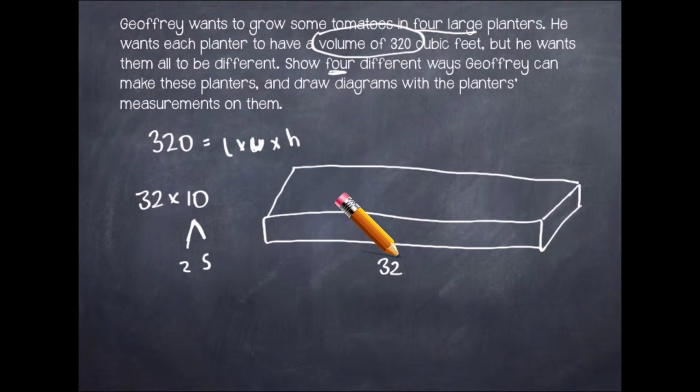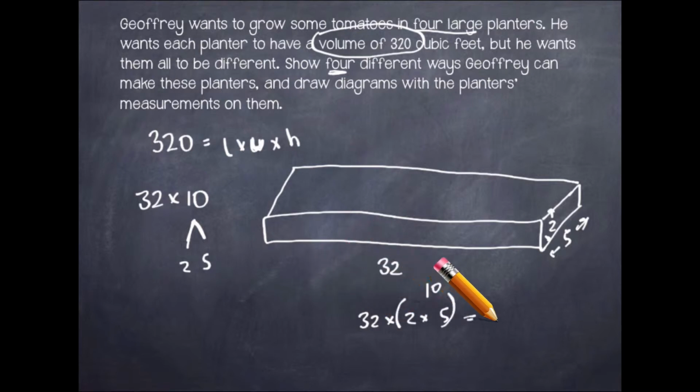So let's say that this is 32. We'll say that this guy here would be 2, going up and down like our height. Our width we can make as 5. So now if I take 32 times 2 times 5, well, 2 times 5 is going to give me 10. 32 times 10, we know that's going to be 320 cubic feet.